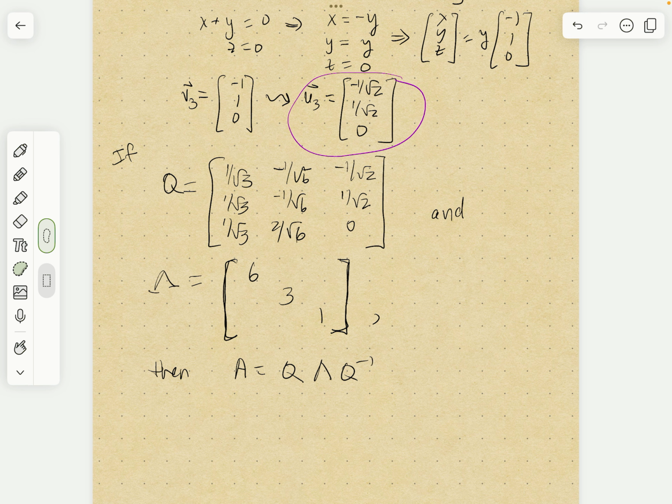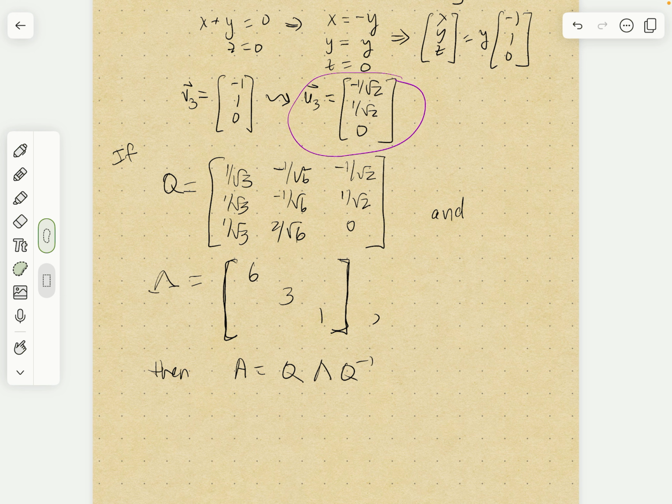But it turns out that if you take the dot product of the first two columns, you do in fact get 0. And if you take the dot product of the first and third columns, you do in fact get 0. And if you take the dot product of the second and third columns, you do in fact get 0. So Q really is an orthogonal matrix.